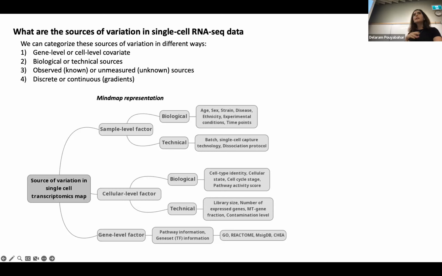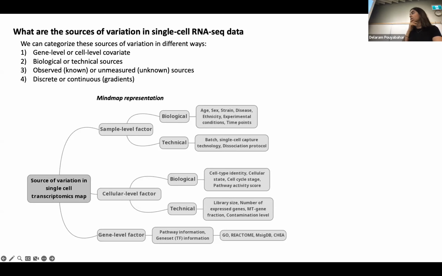So basically, what we want to understand is how much each of these different covariates is explaining the variation in our data. And when we find the major sources of variation, how can we map that information into specific cell types and specific genes so that we would be able to learn about the biology of our data.